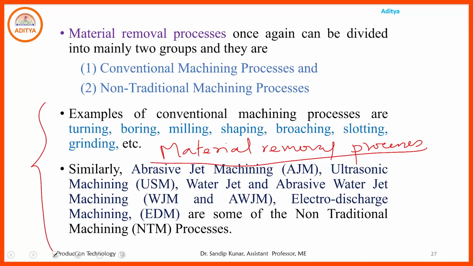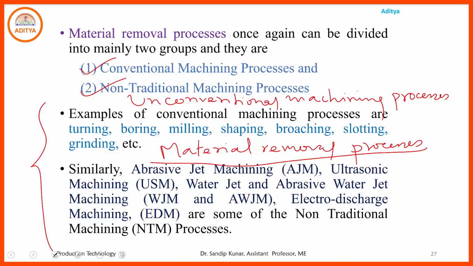Advanced, or non-traditional, machining process is also called unconventional machining process. So both are material removal processes, that is, the secondary manufacturing processes.